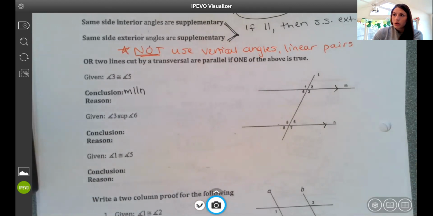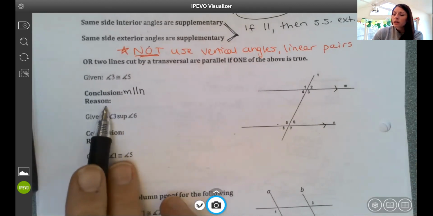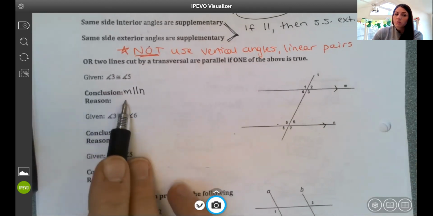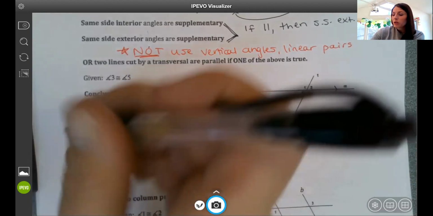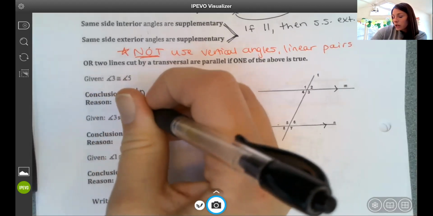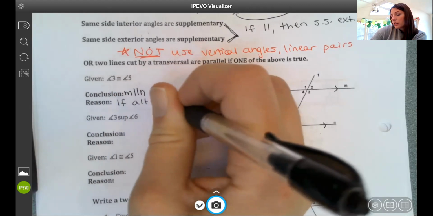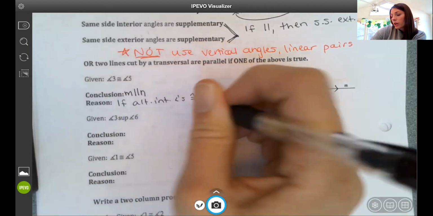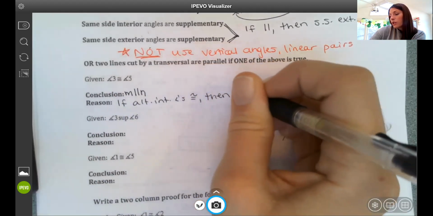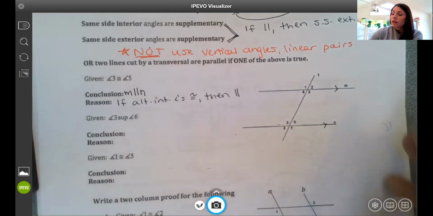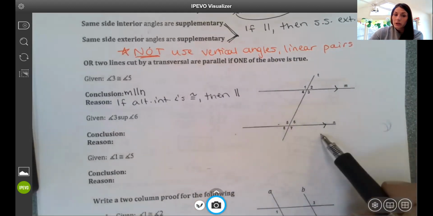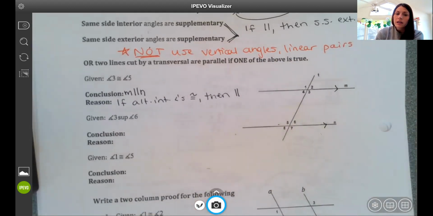Alternate interior. So here's my statement: these lines are parallel. My reason would be if I have alternate interior angles that are congruent, then those lines must be parallel, because that's only true when lines are parallel. Okay, that's where those if-then statements come into play.